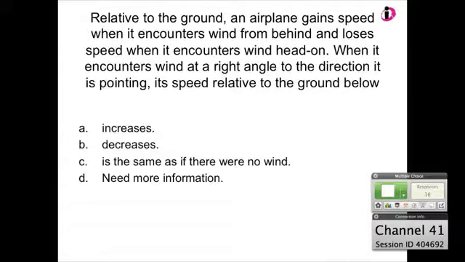Draw a picture if it helps, because I'm going to. Got a plane with some velocity. If the wind's coming at it, it's like a force pushing it downward, sideways.